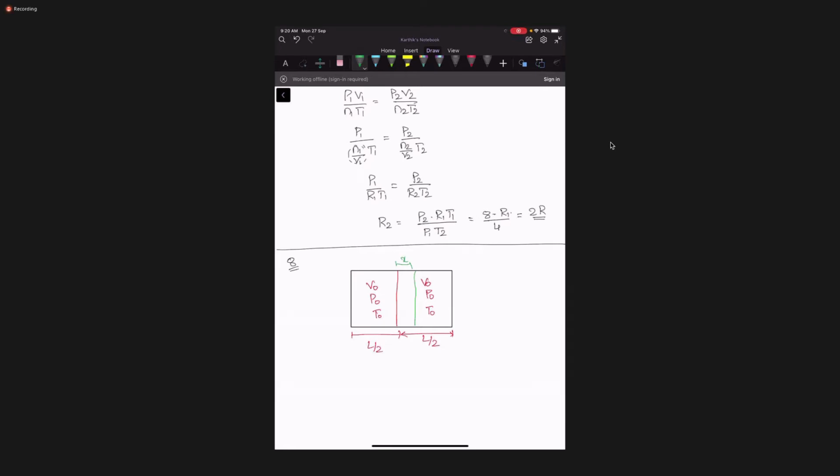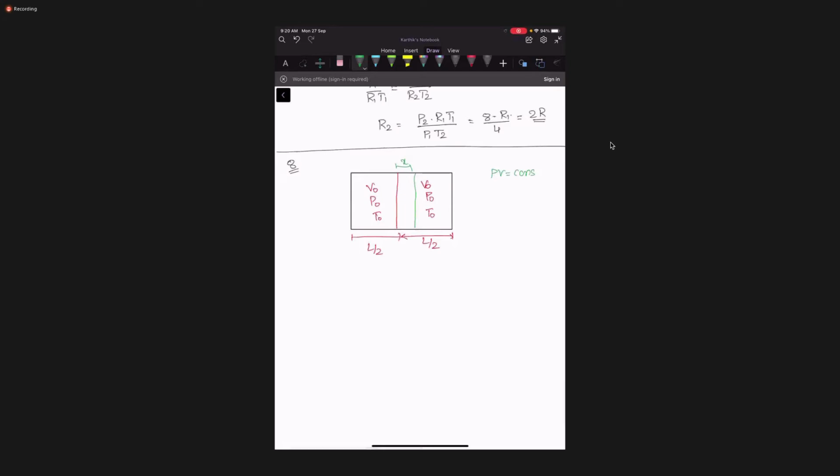So isothermally, PV is constant, isn't it? So P1 V1 is equal to P2 V2, right? Now see, this piston work has to be done, correct?